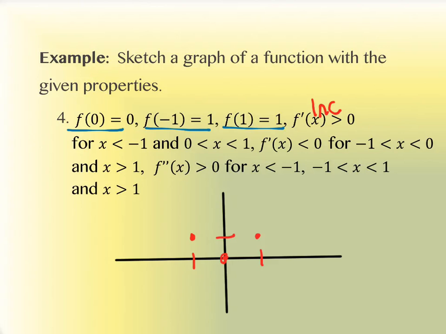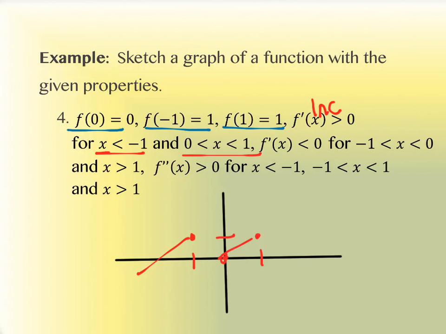Increasing. Very good. So my graph should be increasing before -1, and it should be increasing between 0 and 1. So I'm just going to sort of sketch this in here like that for the moment, and we'll put some definition to the curving of it in a minute. But I need it to be increasing before -1 and increasing between 0 and positive 1.